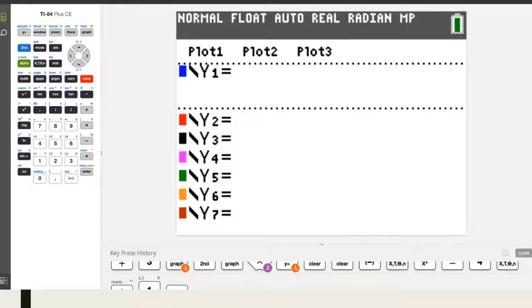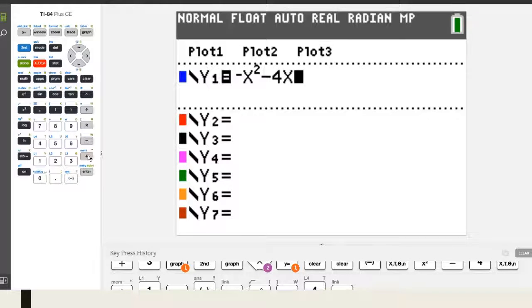Now let's check the vertex in the calculator to make sure that we did this correctly. So I'm going to put negative x squared minus 4x plus 1 in the calculator, and I'm going to check the graph.